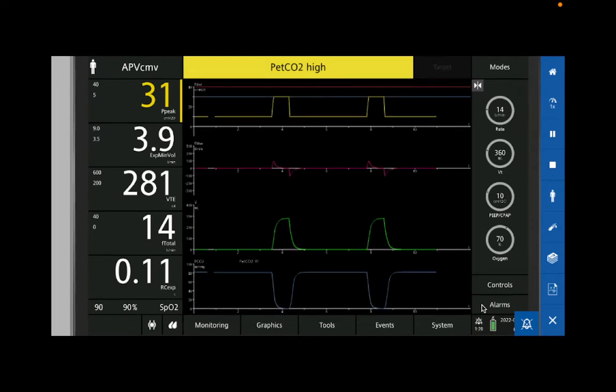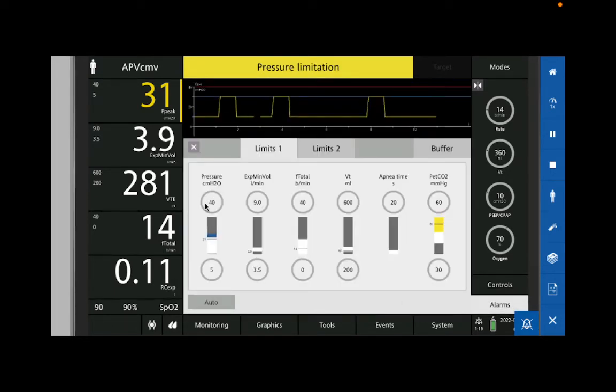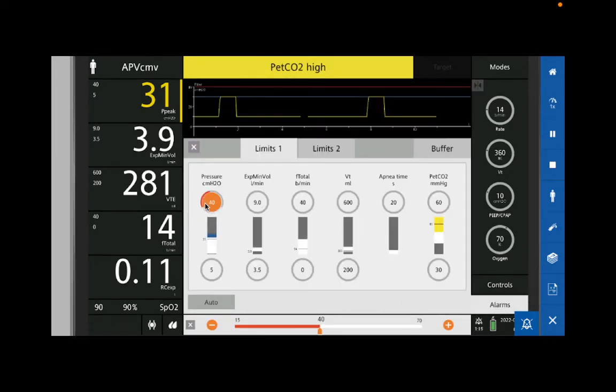So what the machines do, our machine in our ICUs, the Servo I, right now we have a high pressure alarm. The machine knows if we reach that high pressure alarm, we are going to end the breath. That pressure should not exceed 40.